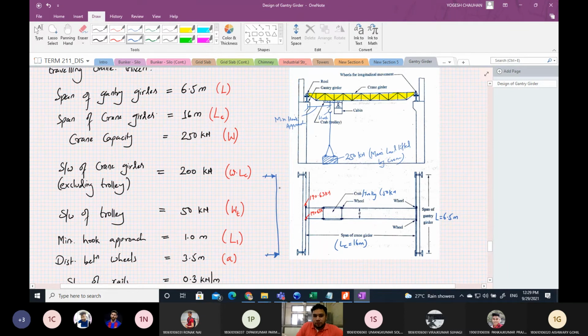Now we place this trolley, these wheel loads. This is one wheel load. This is another wheel load, such that this is the CG of the wheel loads, and this is the center of the beam. So these are at equal distance. Okay, this distance we know.